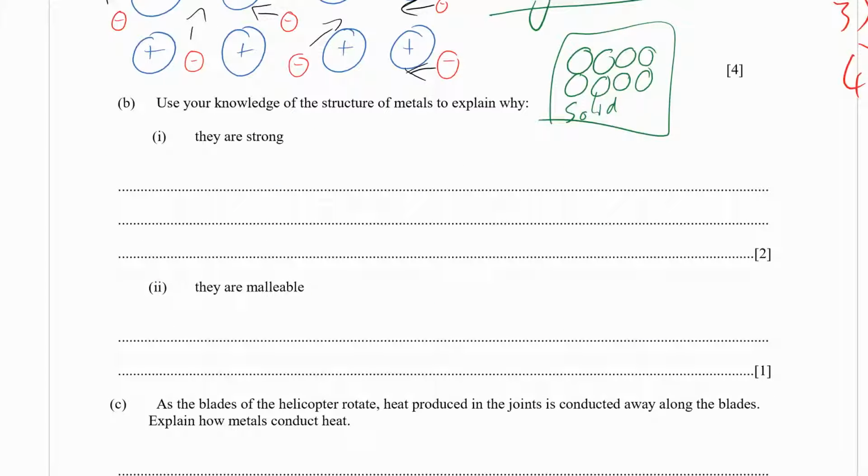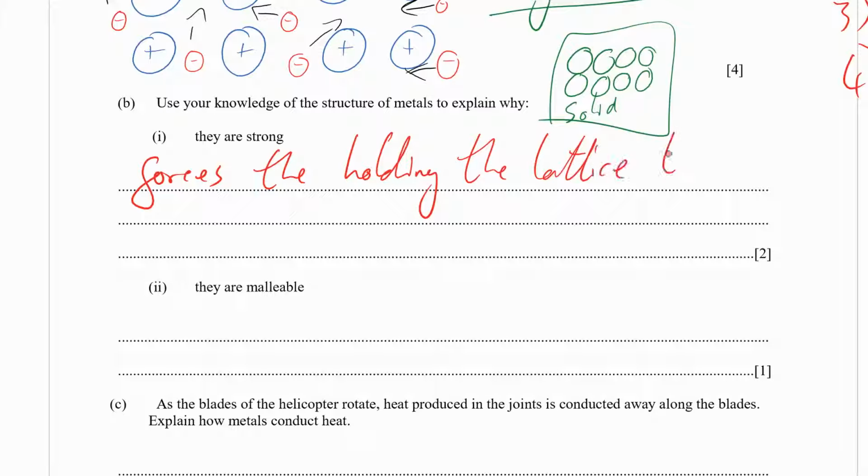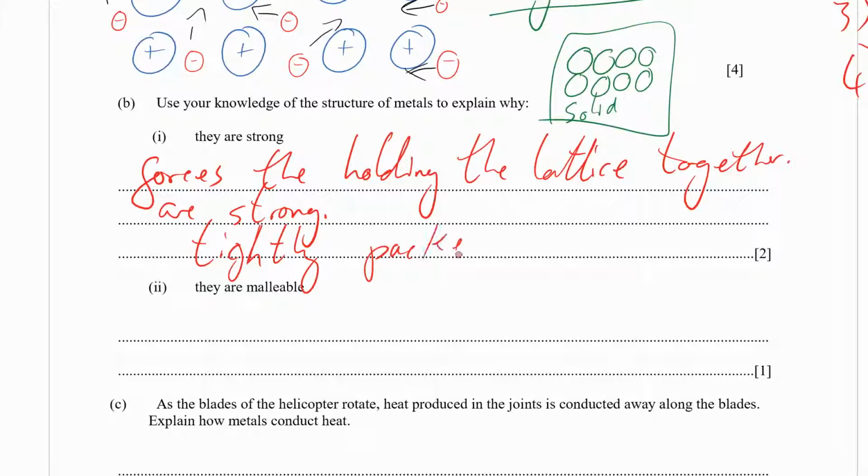And following on from the diagram, use your knowledge of the structure of metals to explain why they are strong. So if they're strong, the forces holding the lattice together are strong. Tightly packed ions in lattice.